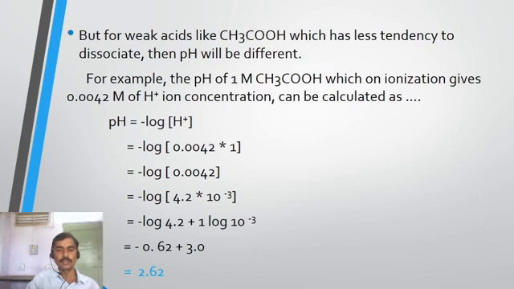Log of 4.2 is 0.62 and log of 10 raised to minus 3 is minus 3. Therefore, minus 0.62 plus 3.0, the answer is 2.62, and this is the pH of 1 molar acetic acid, which on ionization gives 0.0042 molar of H plus ion concentration.